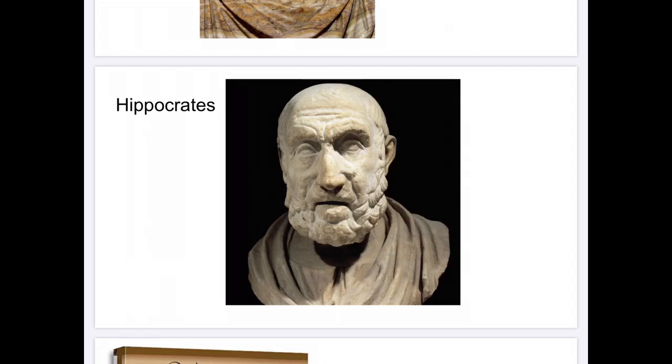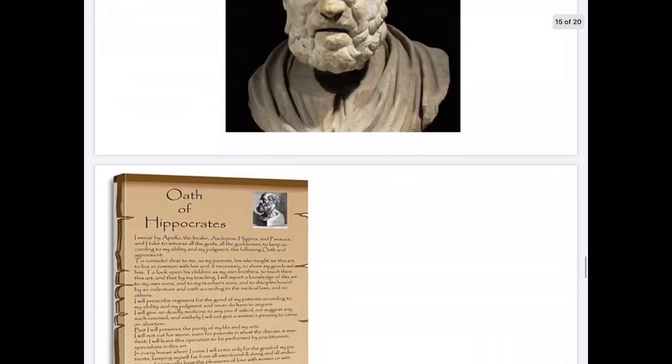Okay, so another key thing that Hippocrates is all about is the ethics specifically of a physician, and from that comes the Hippocratic Oath. The Hippocratic Oath is still taken today by physicians. You as graduates will take the Hippocratic Oath, and it promises ethical living.